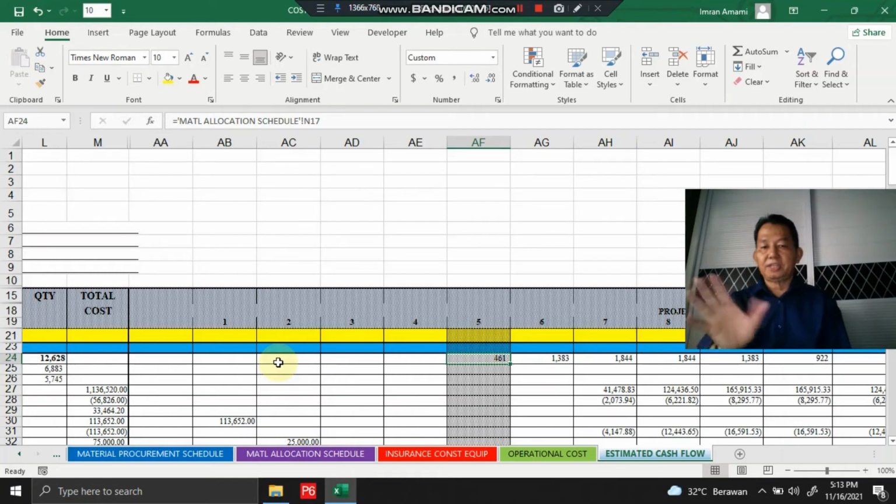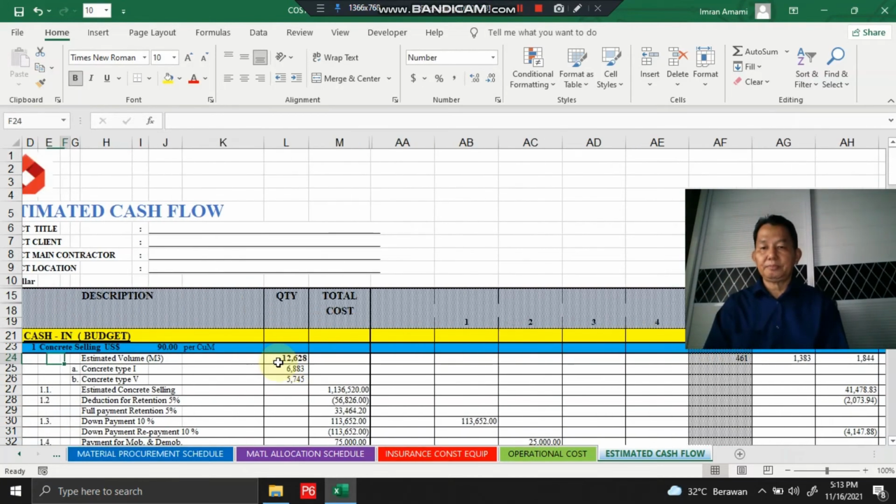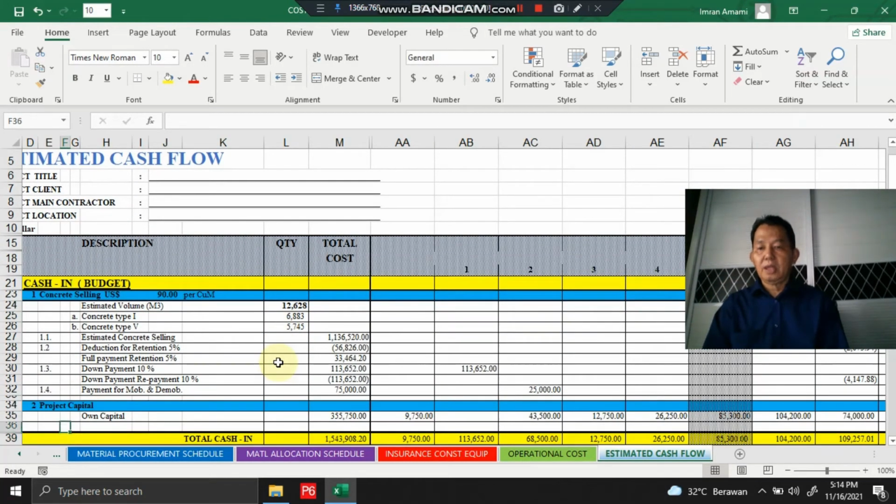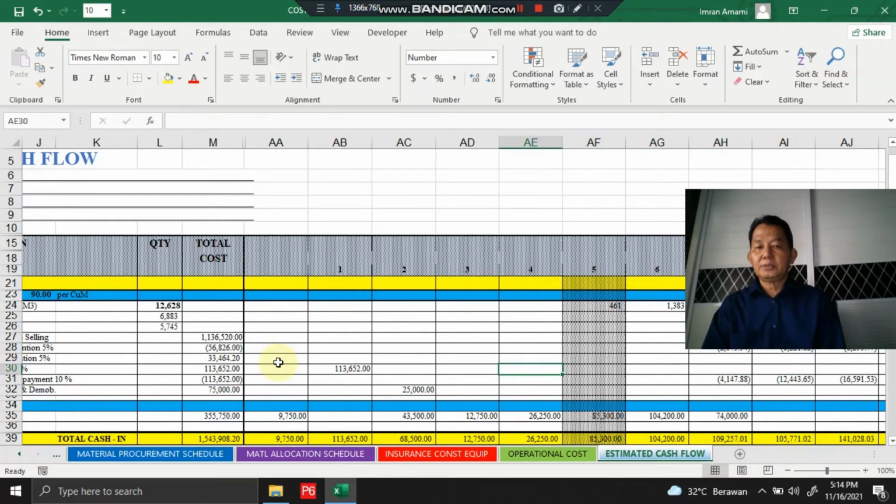Okay, so for the cash in budget here, we receive the down payment 4 months earlier, before the starting month of the concrete supply.